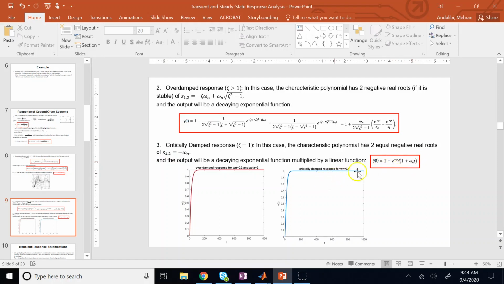So you have two terms. One is just a pure exponential. The other one is the exponential times a linear term, t. And still, this one will go directly to the output without what? Any oscillation.